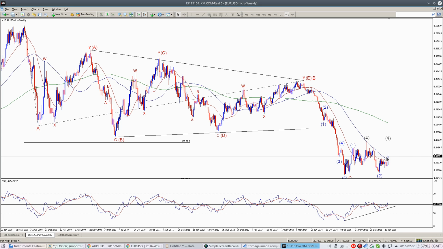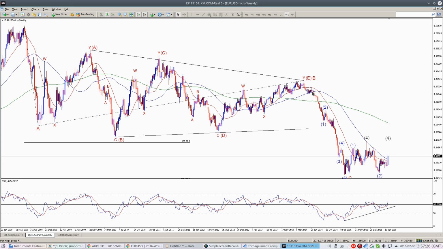And this is the first time since July 2014 that we have a close above the 55 SMA, and that gives a clear bullish signal.